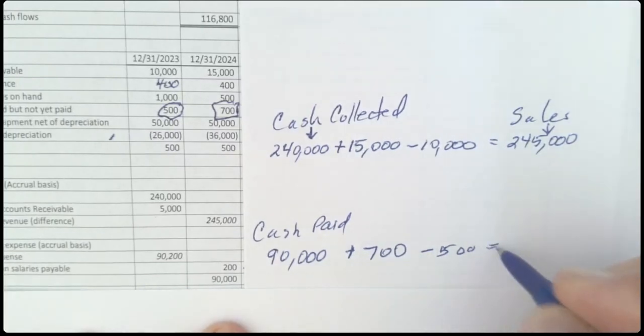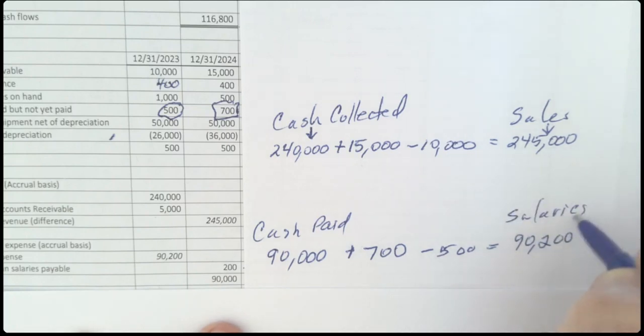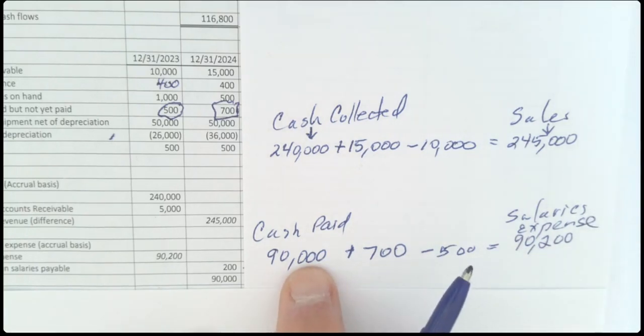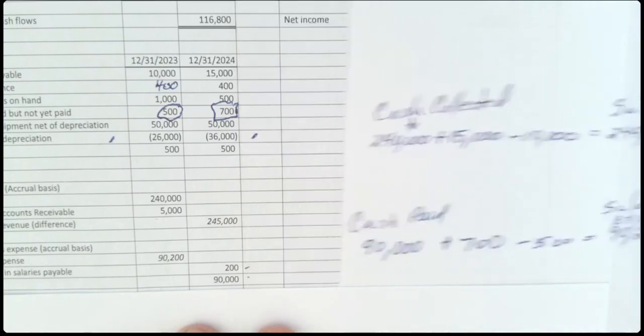Therefore, salaries expense is $90,200, even though cash paid is $90,000. All right.